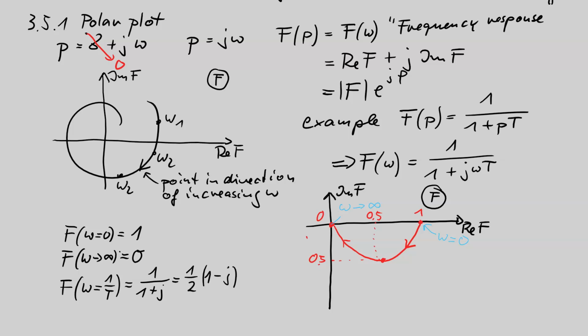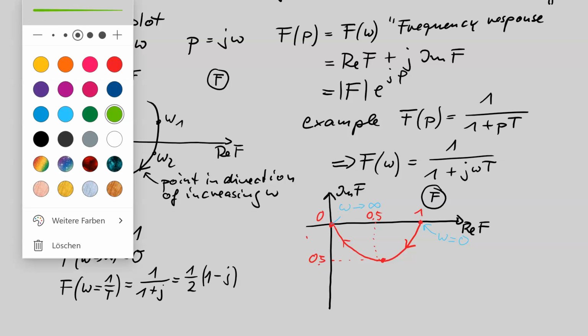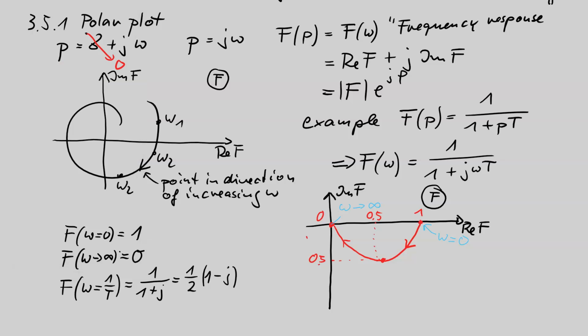The question is, what can we do with a polar plot? I just show you one relation. We draw Cartesian coordinates here in this diagram. What happens with these polar coordinates? I can show you the relation of the polar coordinates with the following drawing.